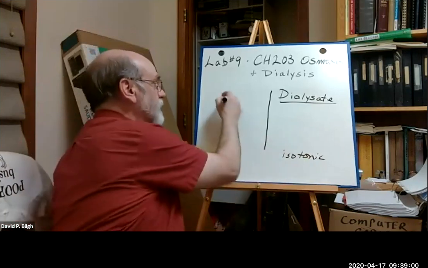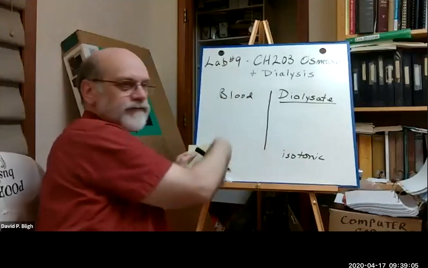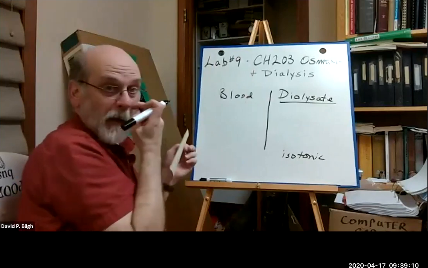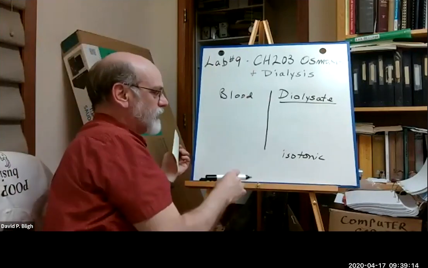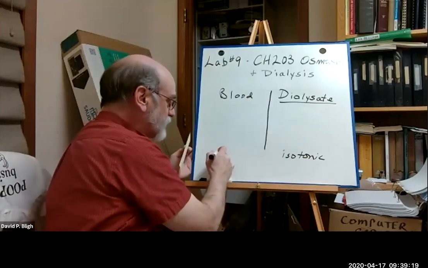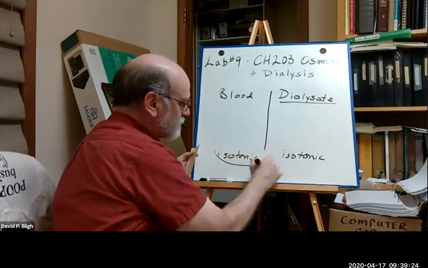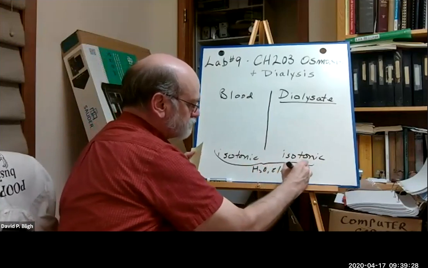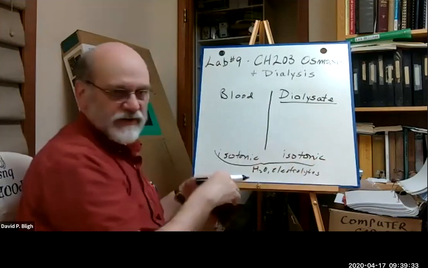And over here is blood. It's continuously flowing through a tube that is a differentially permeable membrane. Right? So since water moves back and forth, and they're both isotonic, things like water, electrolytes, various other components move freely.